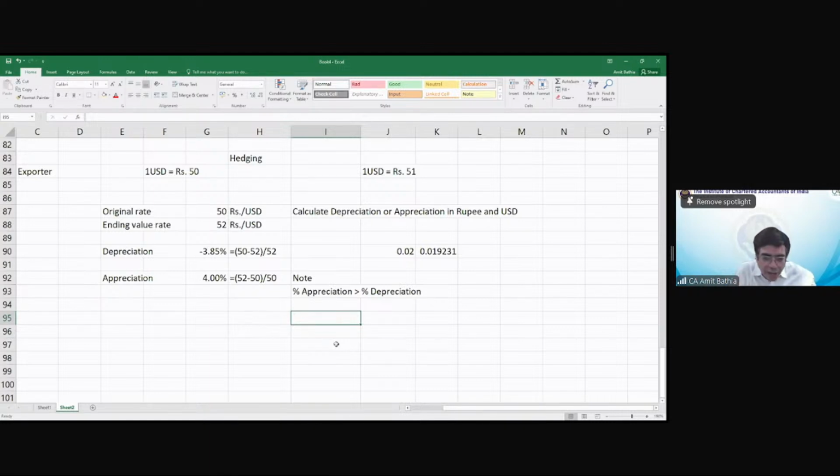If 100 is my base value and it has increased by 5%, what is the new value now? 105. Now the currency has depreciated by 5%. That means 100 has become 95. So whenever I calculate appreciation, I'm always calculating 5 on 100.